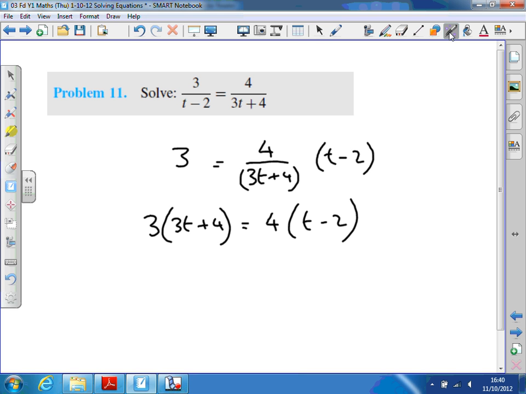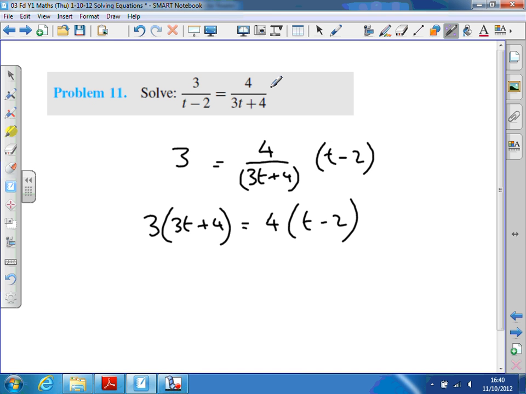A lot of people would say, well, actually, I've got to multiply that by that, so that goes up to the top on the other side, and that comes to the top over here, which is effectively what's happened. But beware of just doing that, because it doesn't always work, especially if you've got things added and subtracted. So multiply both sides by 3t plus 4 and t minus 2, and suddenly everything's at the top.